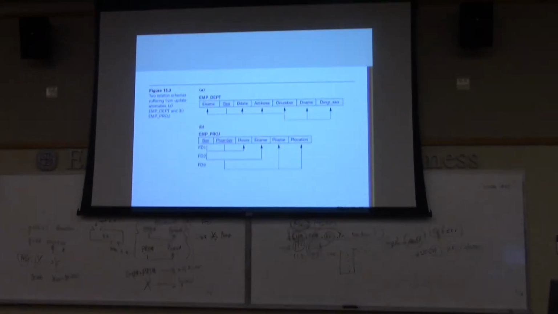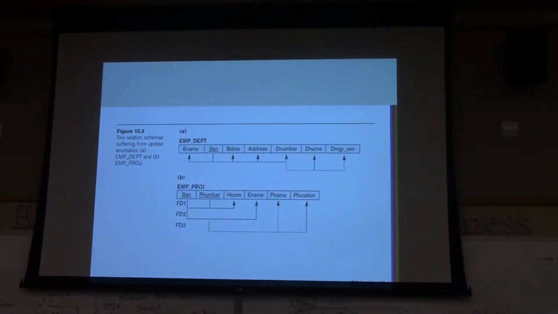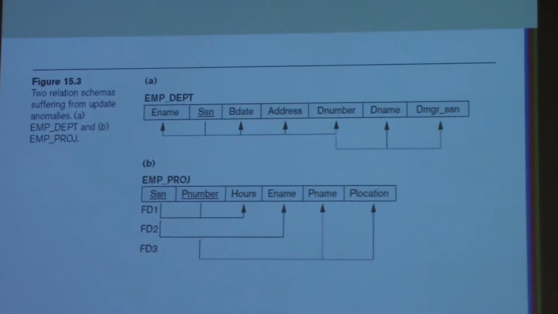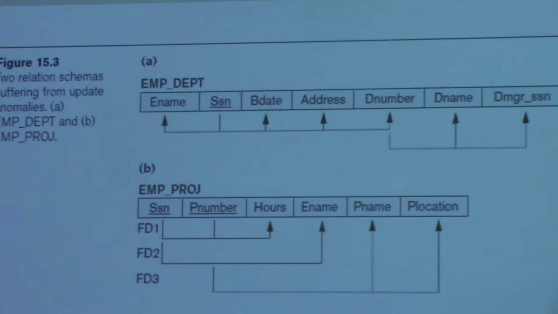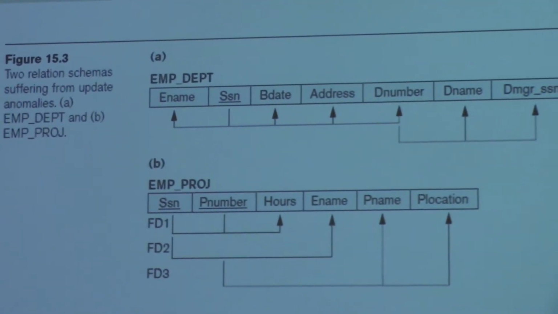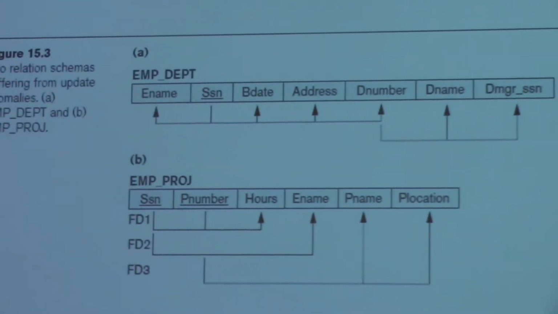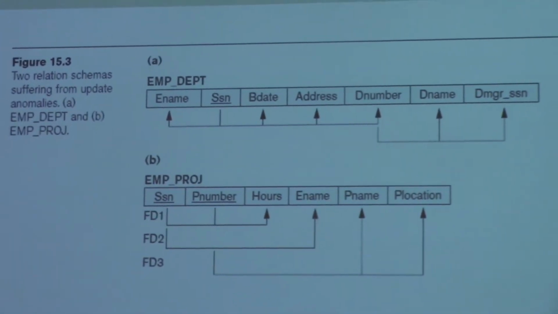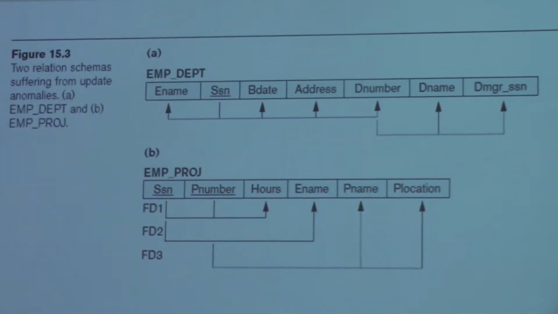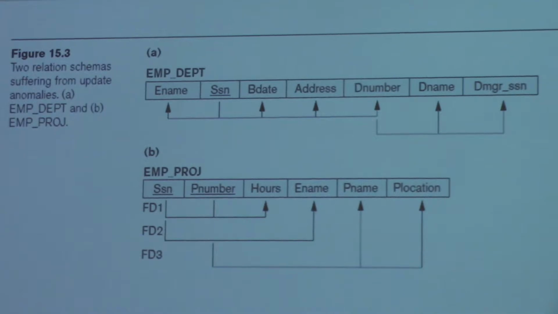Okay. In this case, SSN determine what? E name, right? So SSN is the prime attribute, and E name is non-prime attribute. So that makes sense. And then SSN also determine B date. That makes sense. And also SSN determine address, and also SSN determine D number. However, SSN cannot determine directly D name. Okay? D name is determined by the D number.